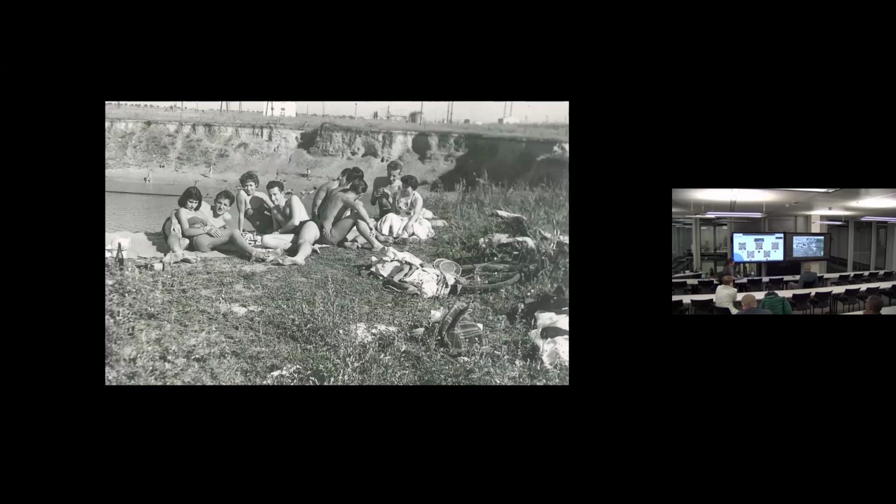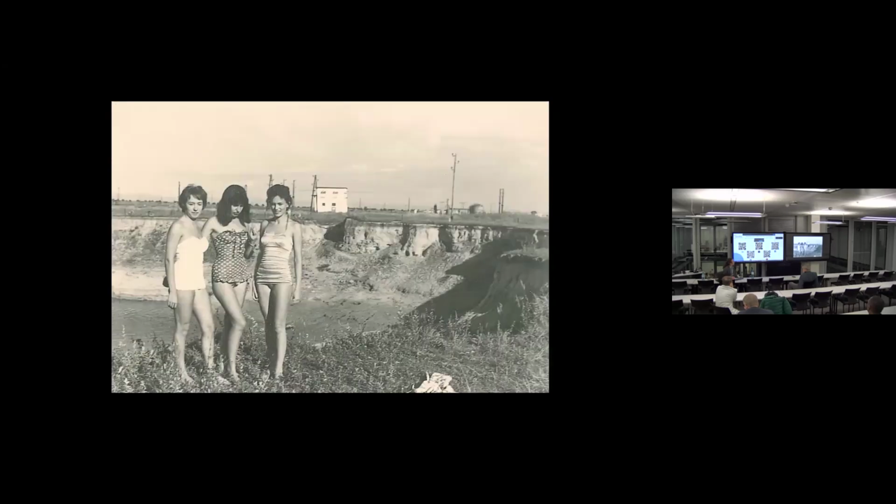But interestingly, what we found in the local memory was that these craters very quickly were used by local youth as bathing ponds. They were then calling this Little Adria. So a very pragmatic way of dealing with an ecological catastrophe.